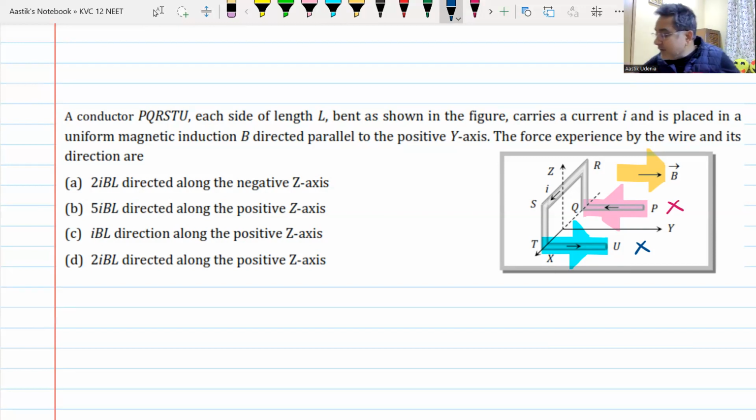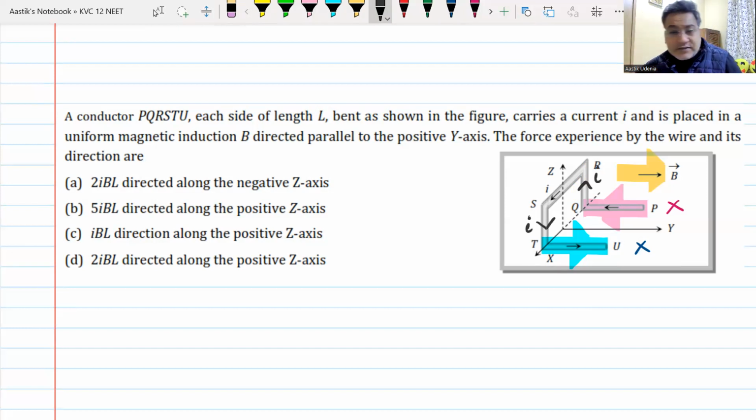Okay, now let me move on to this wire, the yellow wire. The yellow wire is having current in the upward direction. And this ST wire will have current in the downward direction.